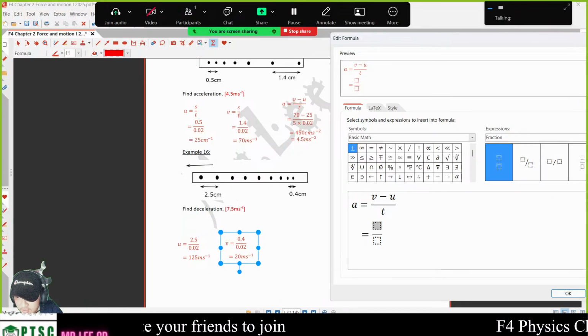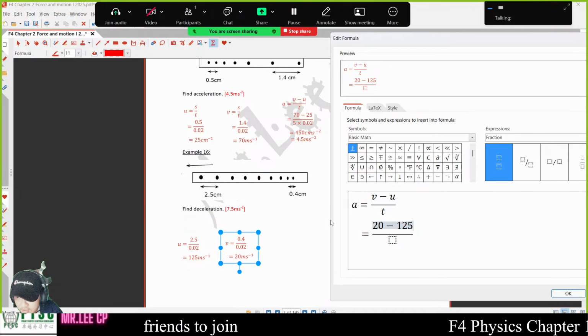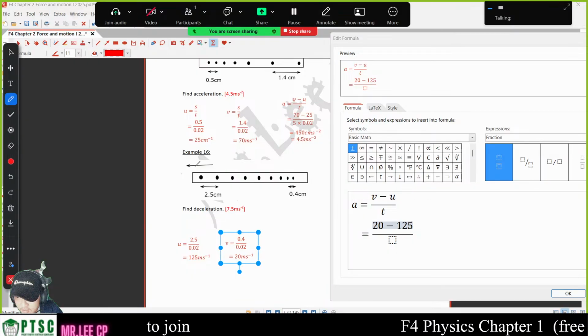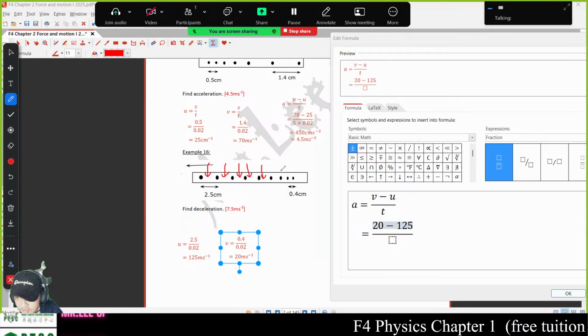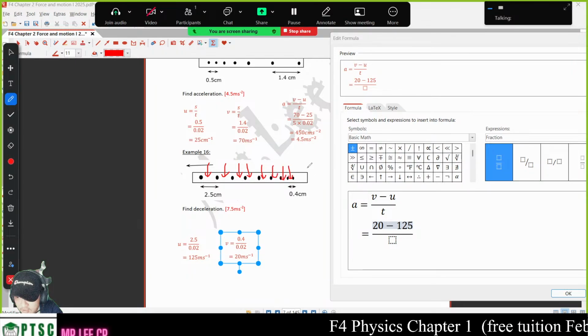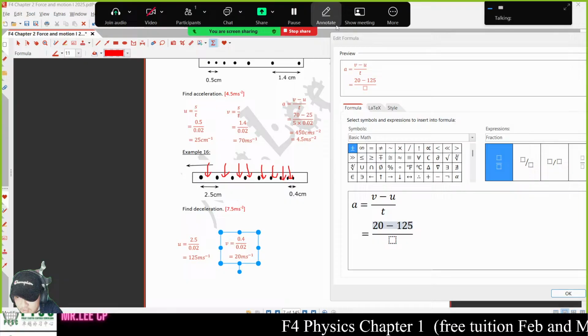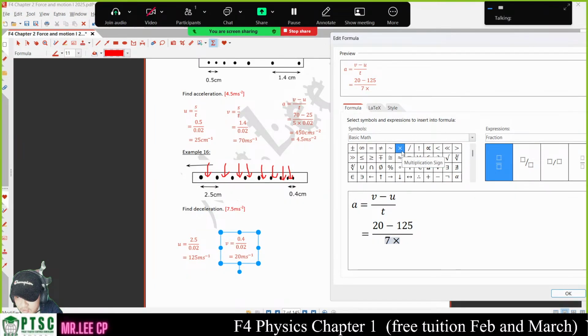So this is 20 minus 125, over the time taken. Now, the time taken is very, very important. 1, 2, 3, 4, 5, 6, 7, 8. So 8, you have to minus 1, becomes 7. 7 ticks, 7 times 0.02.